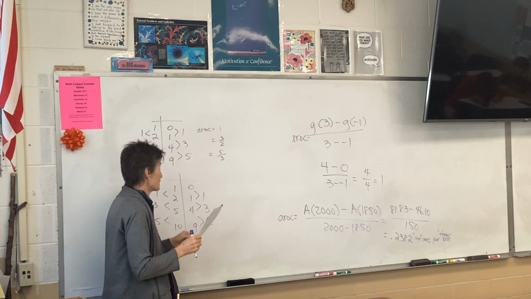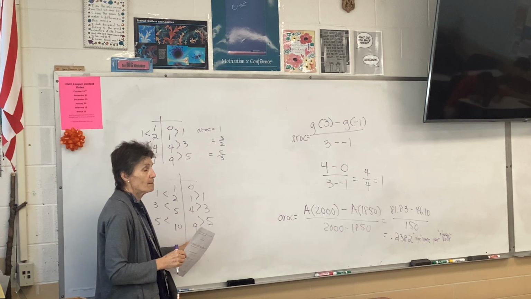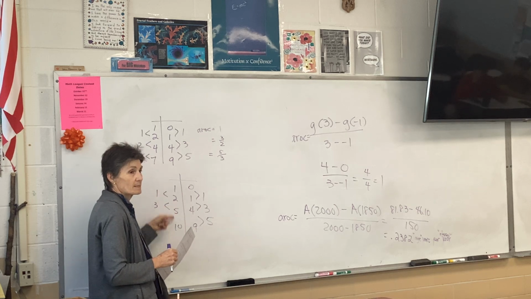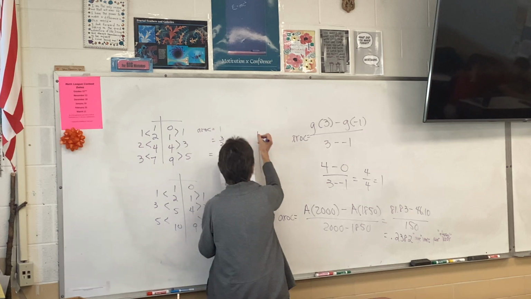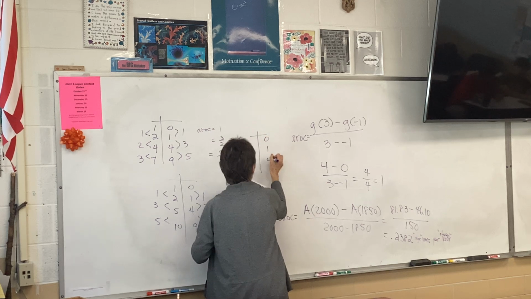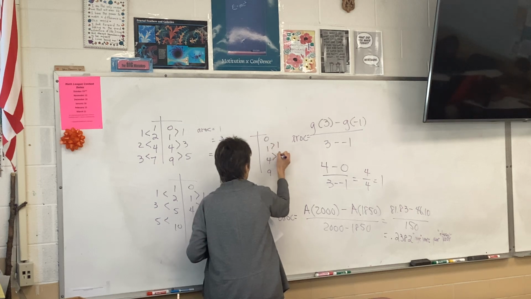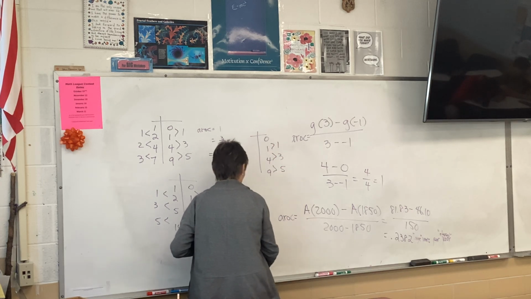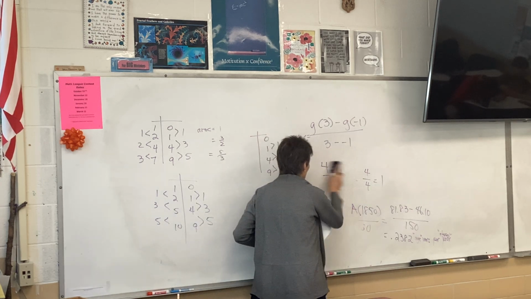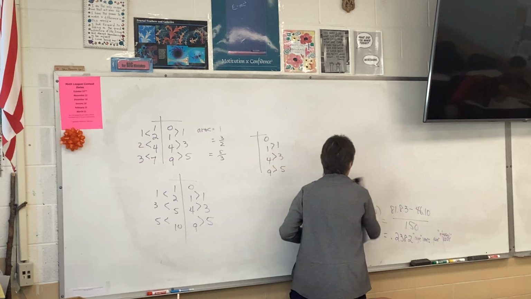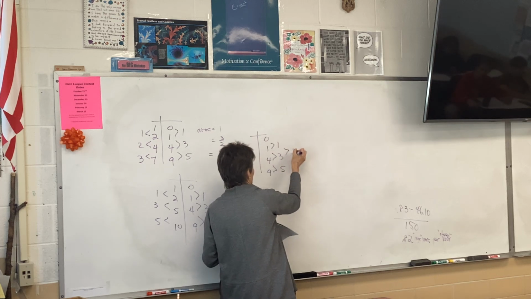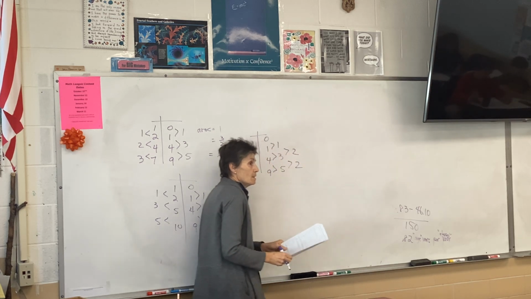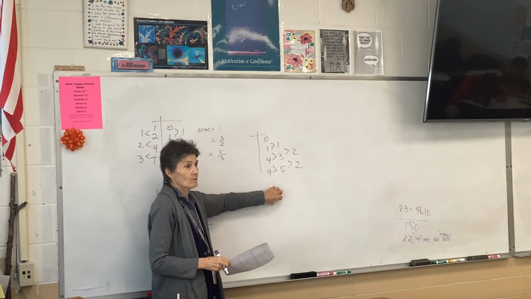Remember, you can't look at the differences and make a conclusion if these aren't evenly spaced. So in the last one, they are evenly spaced. What do you notice about those differences? They're linear. So you will say this is quadratic data.